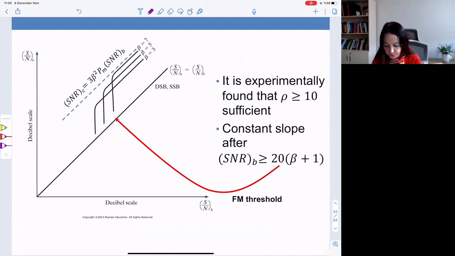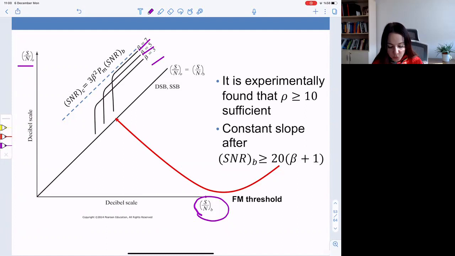In this picture, we see SNRB on the horizontal axis, and we see output SNR in dB scale with respect to different values of beta. Beta equals 3, beta equals 5, beta equals 7.